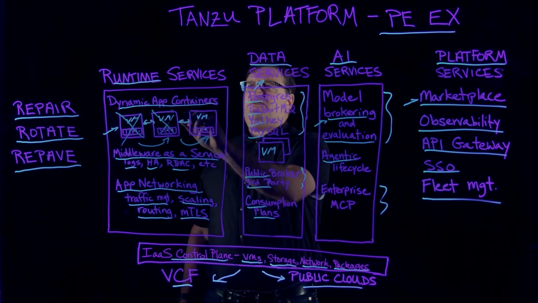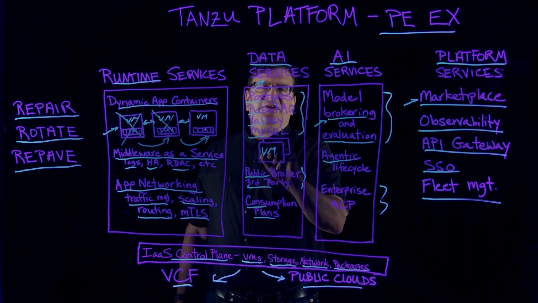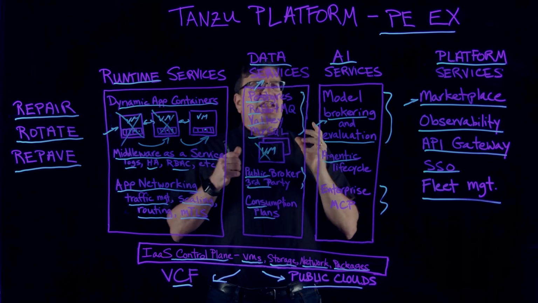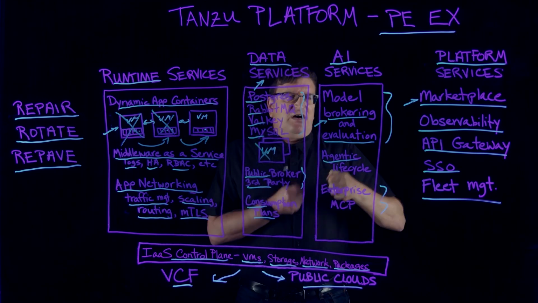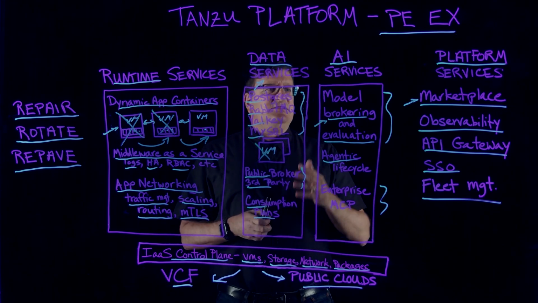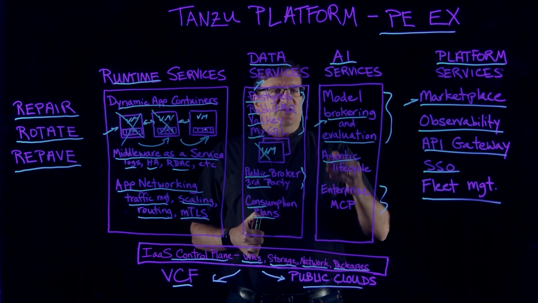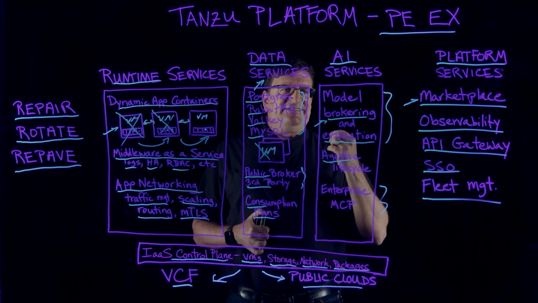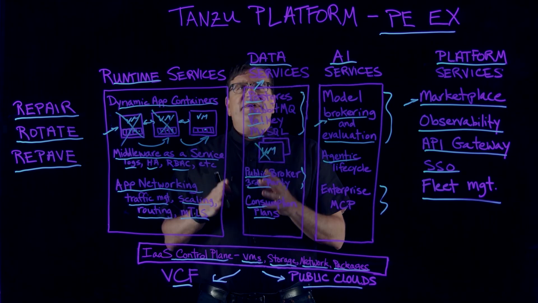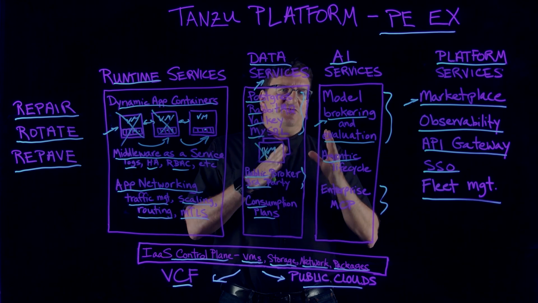This could be both for our runtime VMs, or this could be for our data VMs as well. Repaving allows us to pull the rug out from under anything that happened in our enterprise. The most that those hackers need is time. If we take the time aspect away, we can eliminate a significant amount of risk.